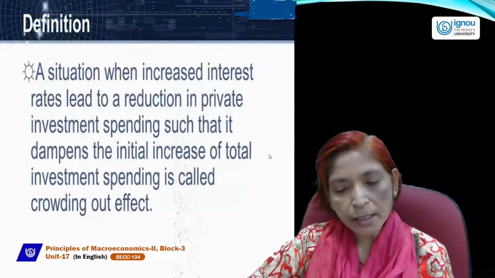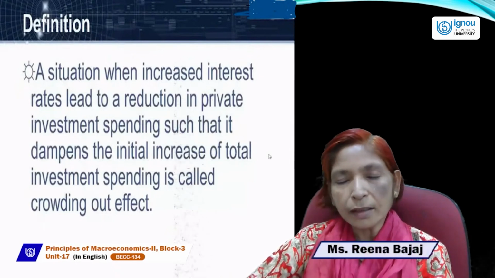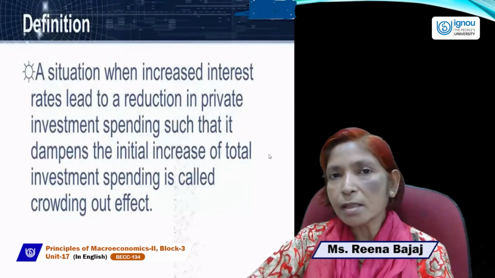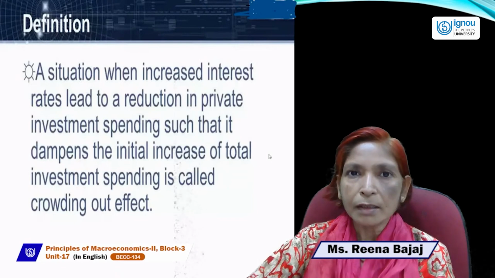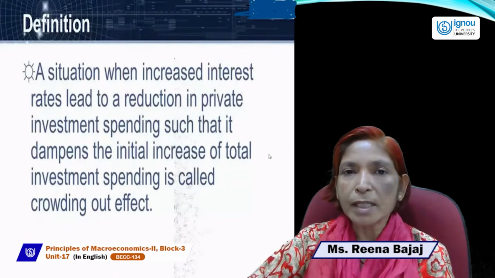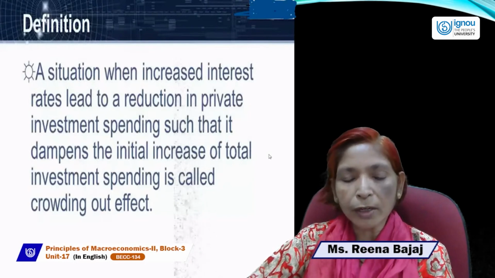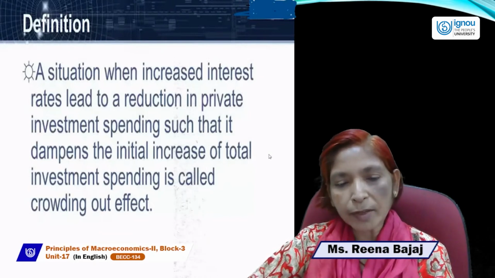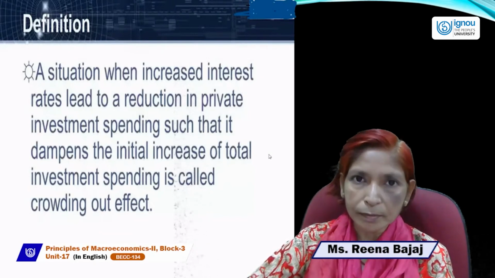And as you know, when the IS curve shifts to the right hand side, then the rate of interest will rise and the level of income will also rise. When the rate of interest increases, then loans will become more expensive. Producers will be discouraged to invest. That's why private spending will fall. And due to the fall in private spending, the level of income will also fall.